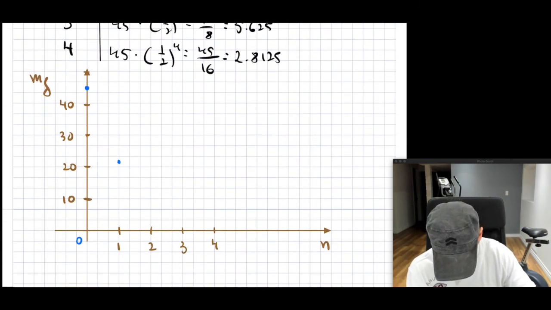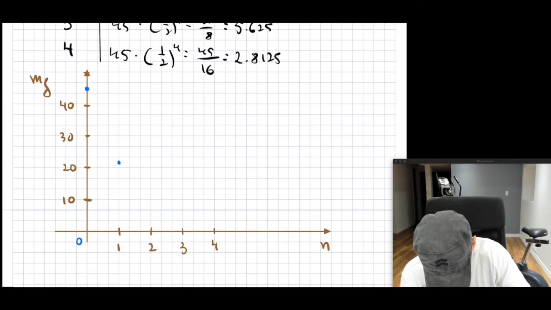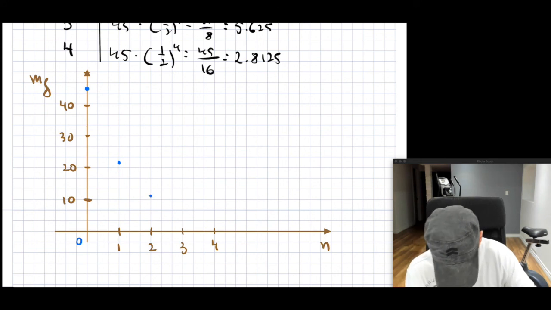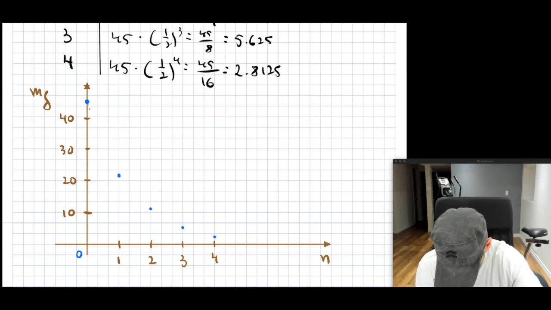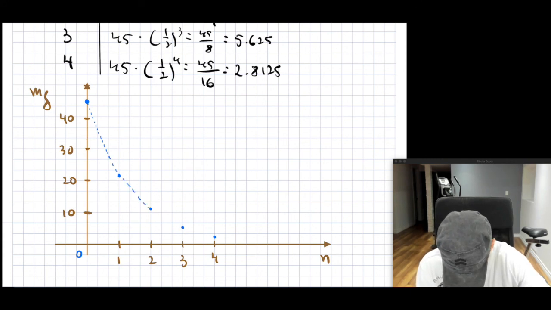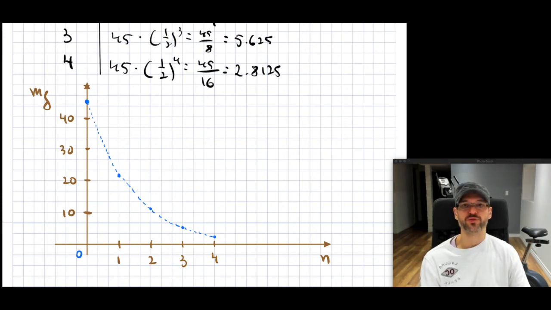Then 11.25, so it really just starts to shrink down. At 3, 5.62, so a little bit above halfway. At 4, it's getting tiny here. So notice what happens. This is a decaying relationship. It just keeps shrinking down, and it would shrink almost to 0 as we keep going half and half and half.